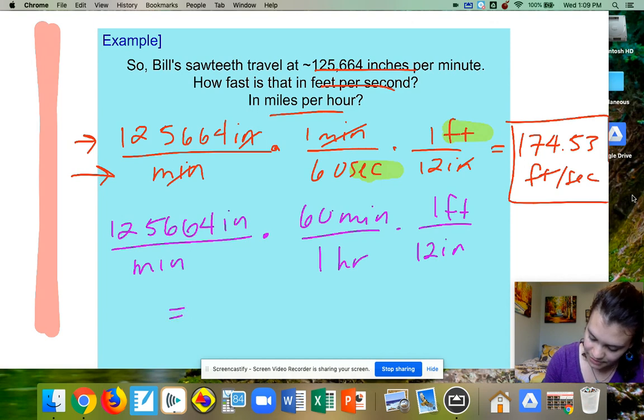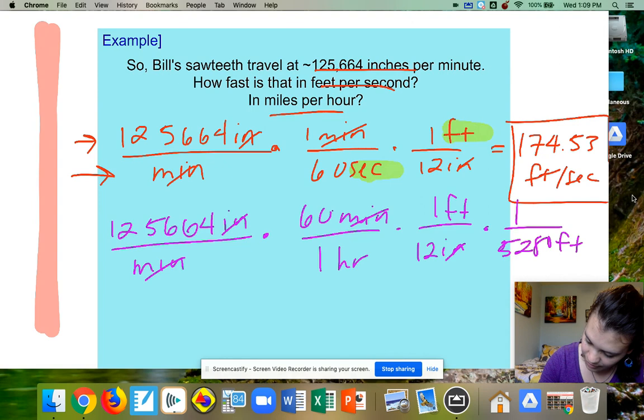I'm going to drop down here. Now our inches are gone, our minutes are gone. We now need to get feet to miles. So you have 5,280 feet for 1 mile. Our units left over right now are hours and miles, which is what we wanted.